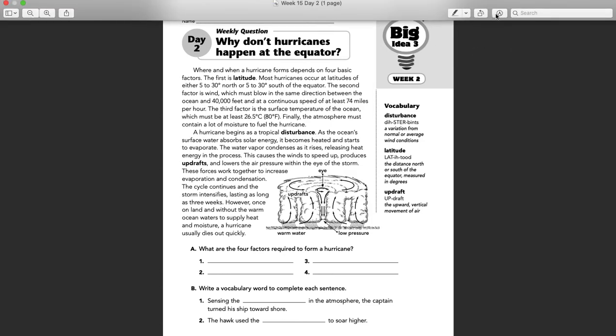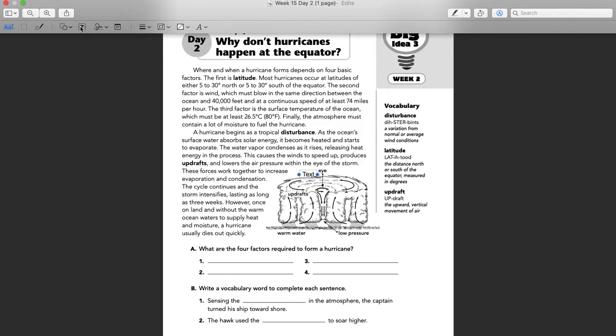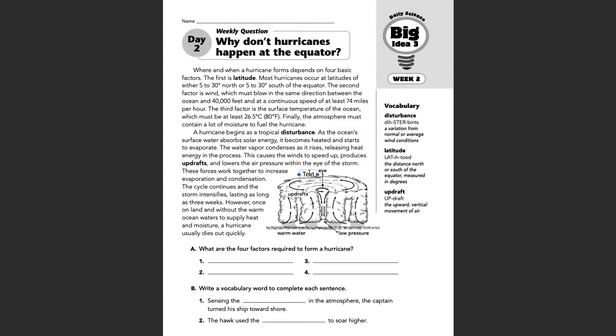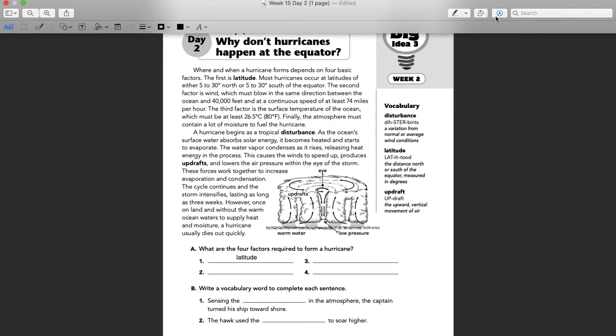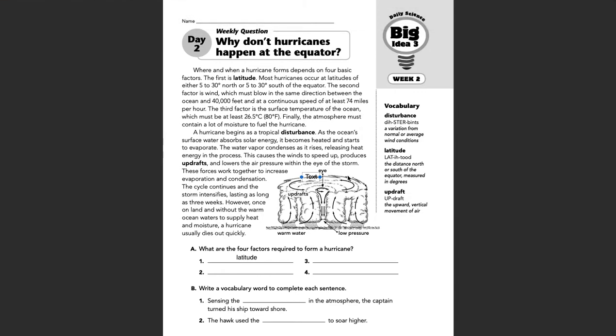Well, if we look in that second sentence in the first paragraph, it says the first factor is latitude. And we go from there, where it says in the following sentence, the second factor is wind.